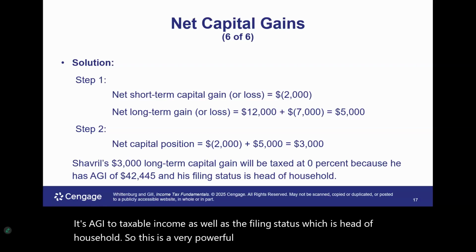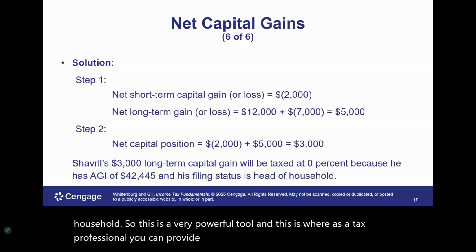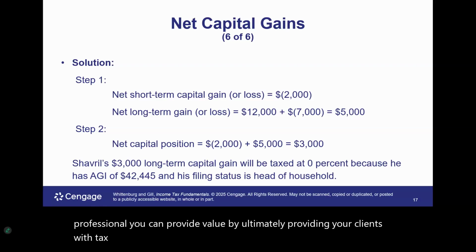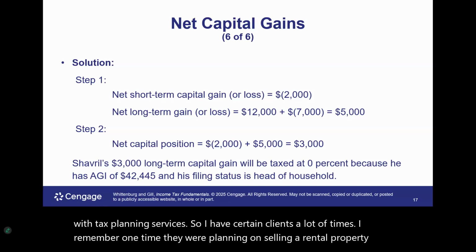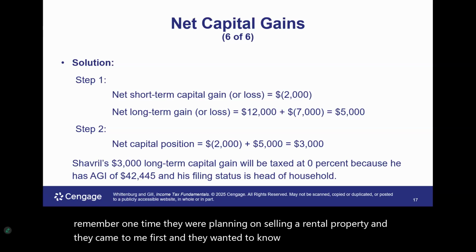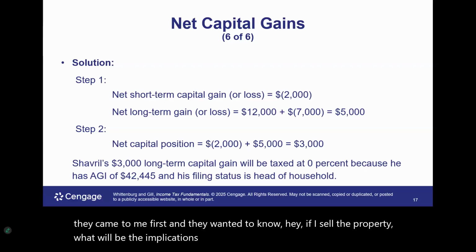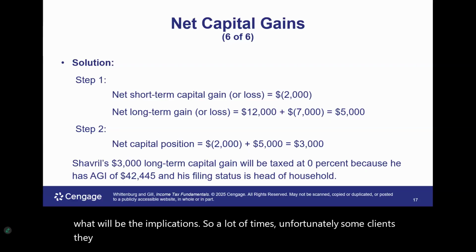And this is where, as a tax professional, you can provide value by providing your clients with tax planning services. I have certain clients a lot of times. I remember one time they were planning on selling a rental property and they came to me first and wanted to know, if I sell the property, what will be the implications? A lot of times, unfortunately, some clients have what's called closed transactions.